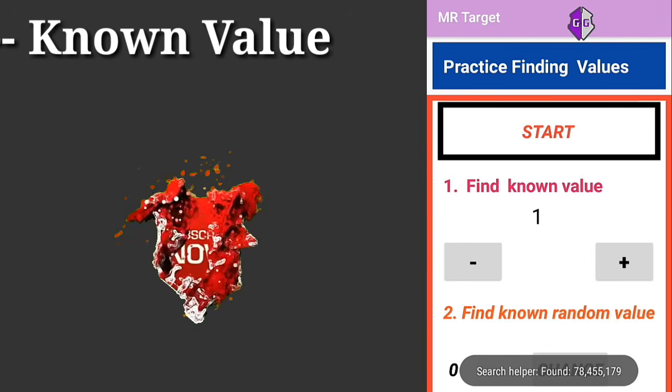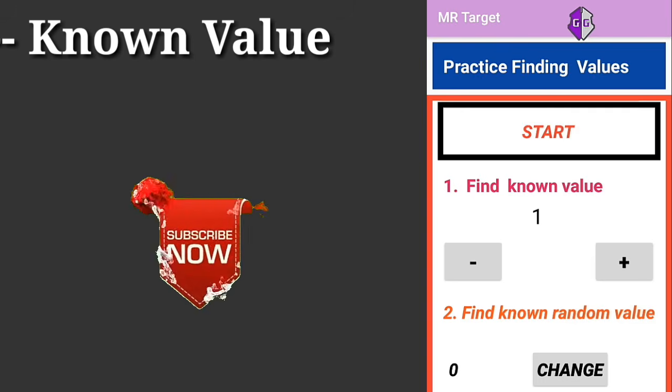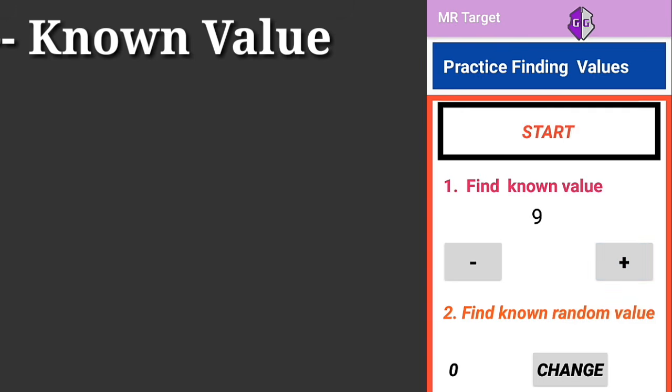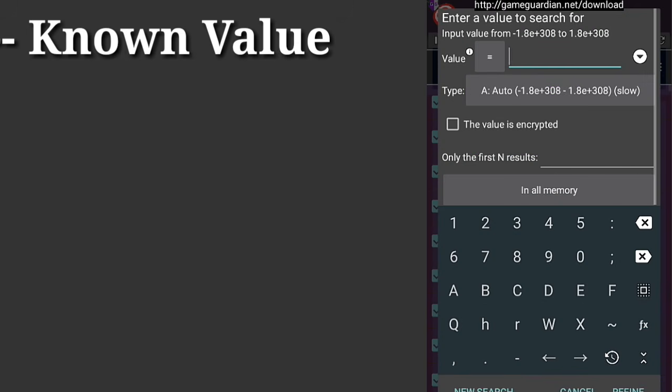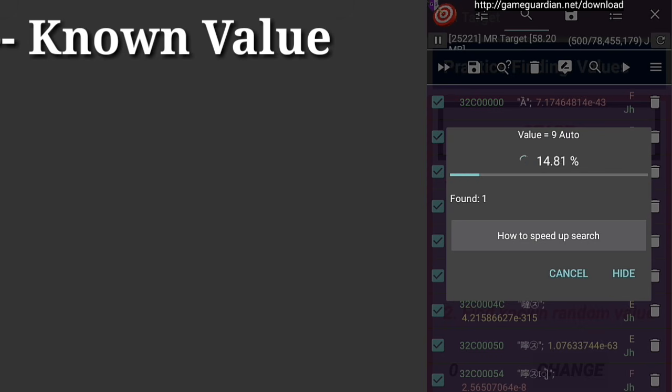After the search finishes, change the value. Tap your Game Guardian and refine the new value once again. Wait for some time.